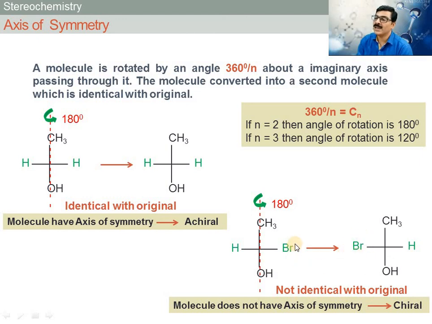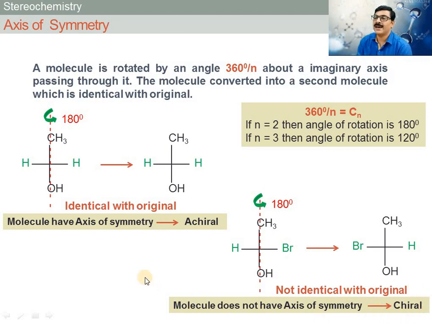Again in original molecule bromine is present at right hand side, but in new molecule at right hand side hydrogen is present, so it is not identical with original molecule, and such molecule does not have axis of symmetry, then such molecule is a chiral molecule.